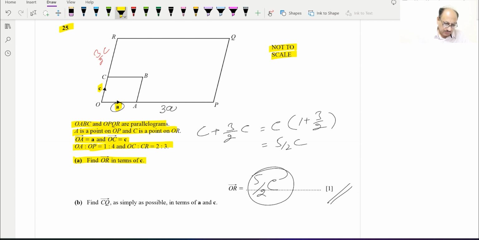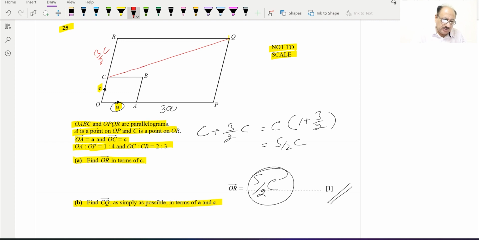And the B part says find CQ as simply as possible in terms of A and C. CQ. So we need to draw CQ and understand what it will be. If we draw a line for CQ, the CQ line will be this one.